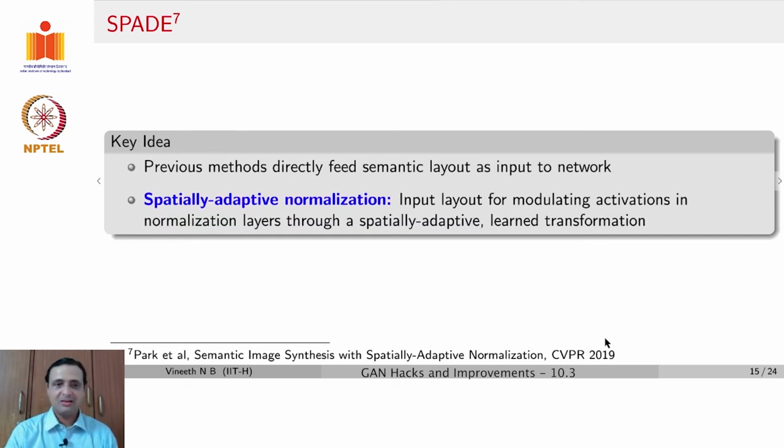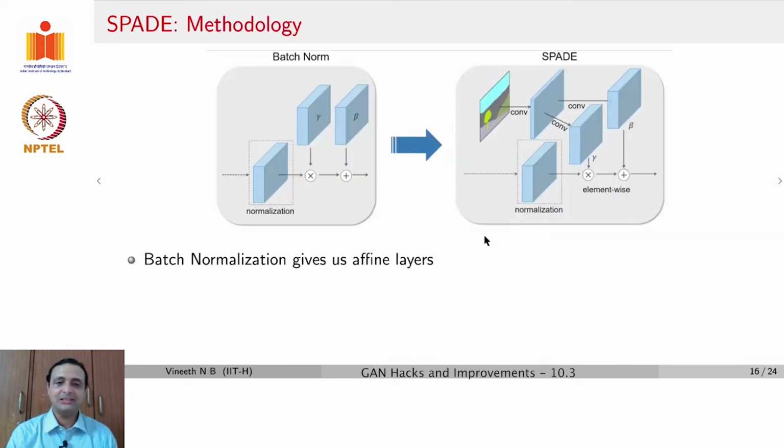And in SPADE, which stands for spatially adaptive normalization, the input layout modulates activations in normalization layers through a spatially adaptive learned transformation. Let's see how this happens.